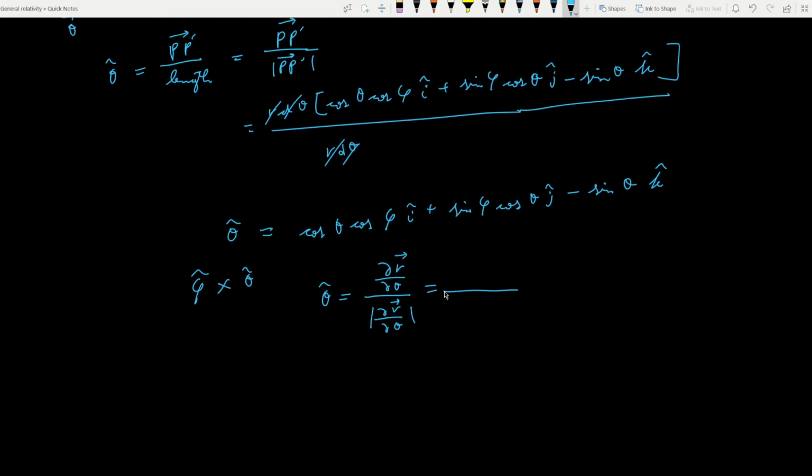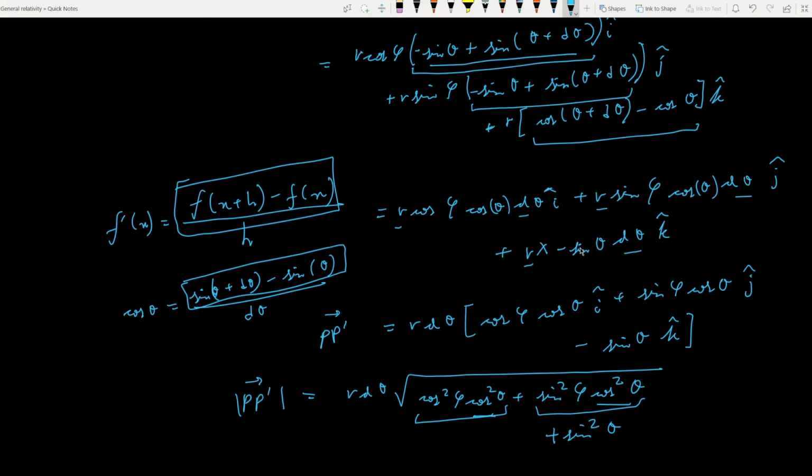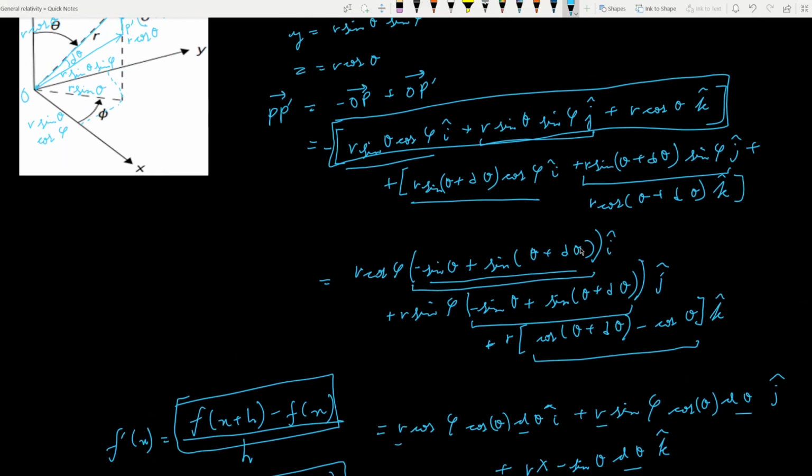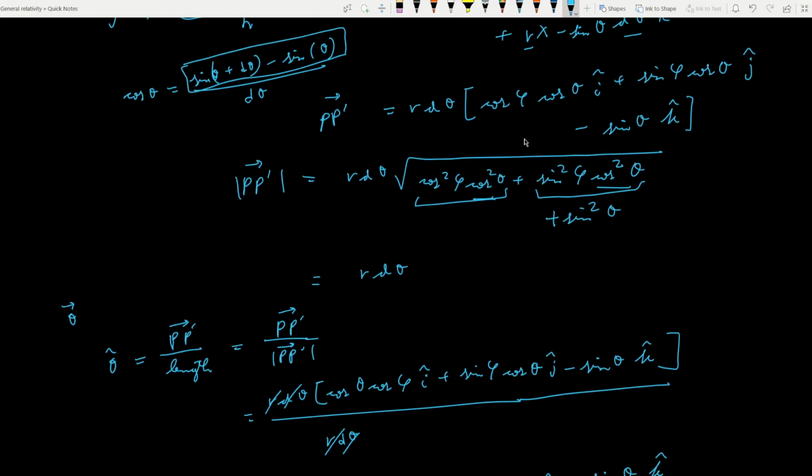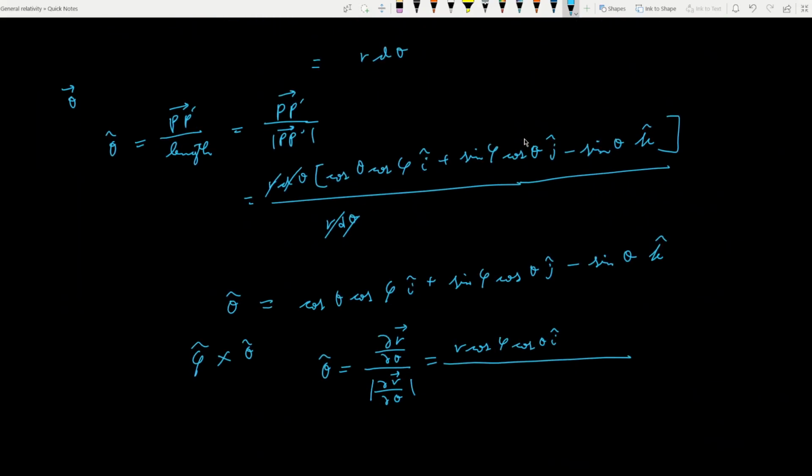Let's write it down. r cos φ cos θ in the î direction, and then we have r sin φ cos θ in the ĵ direction.